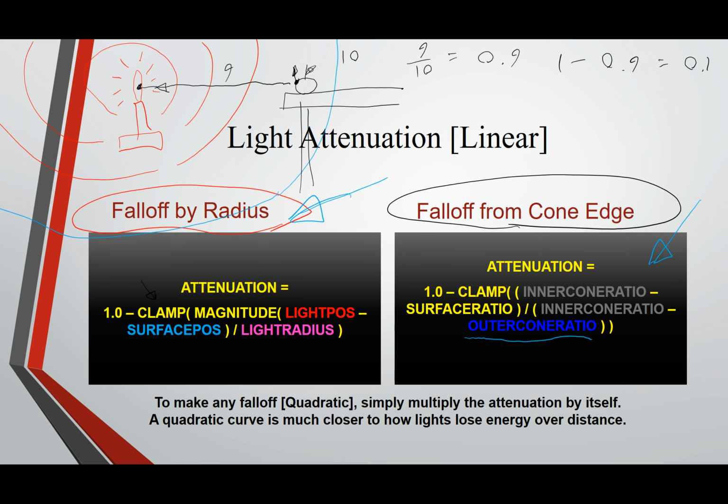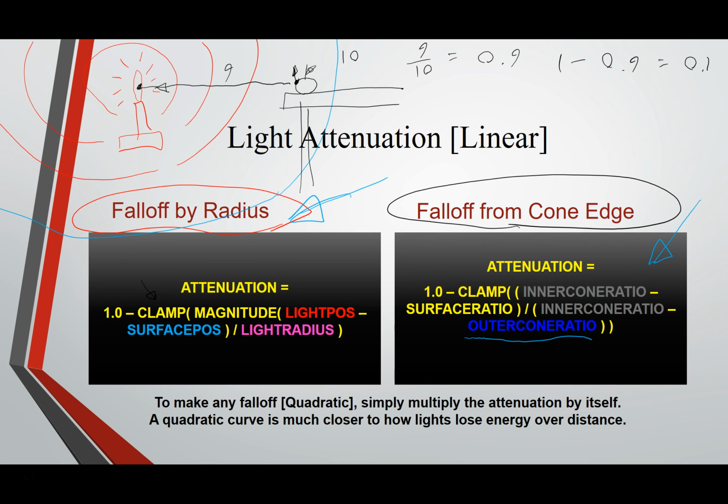So if you look at it, it's pretty much the same as the left-hand side, the falloff by radius, but instead of using distances to the center of the light, we're going to use distances from the edges of the cone. And because the distances of the cone from the inner line of the spotlight are measured in terms of dot product, this is all done in dot product terms.